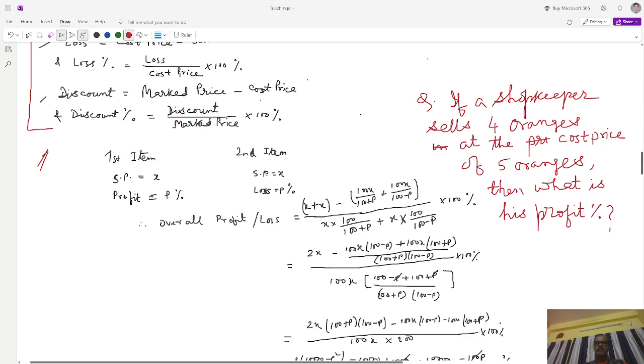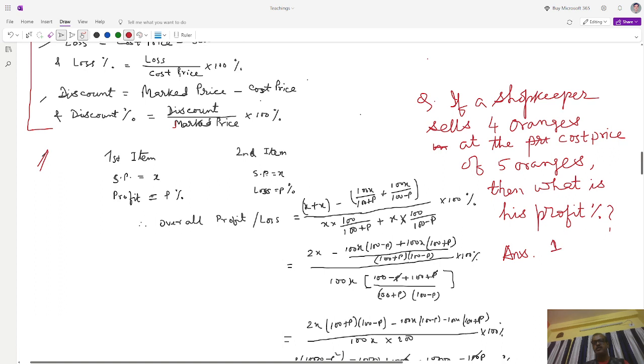Visualize this question and give the answer very easily. Among 5 oranges, he sells 4 oranges and gets the cost price of 5 oranges. So the profit will be 1 orange.